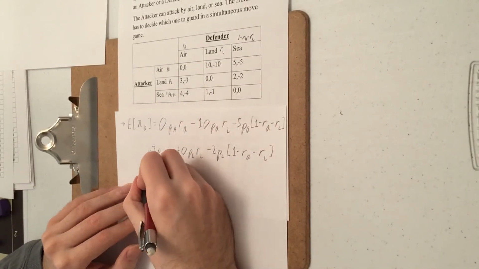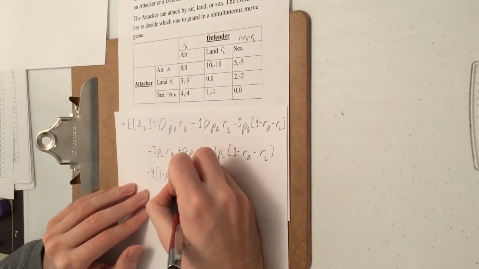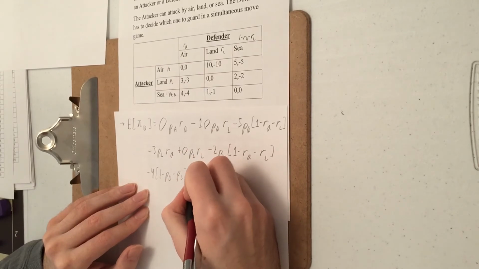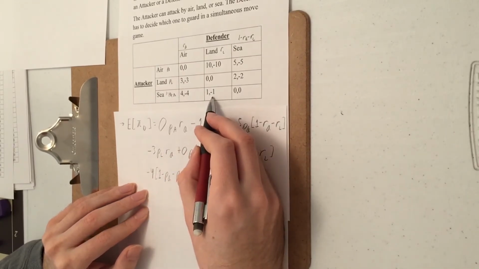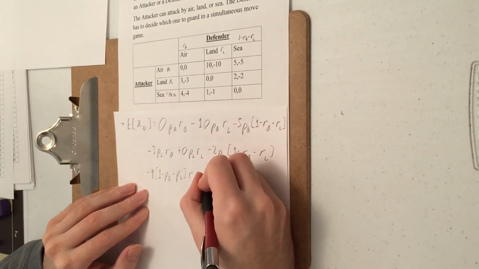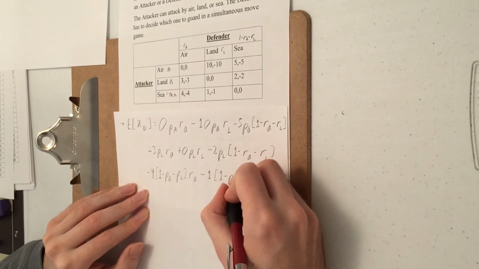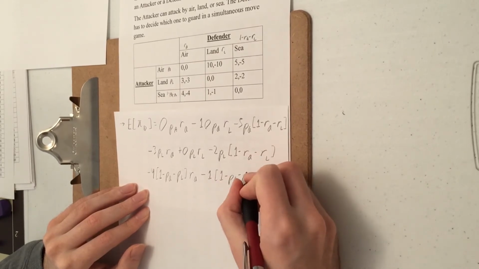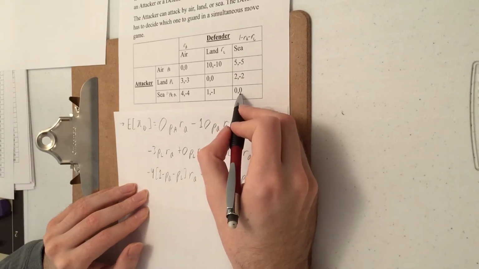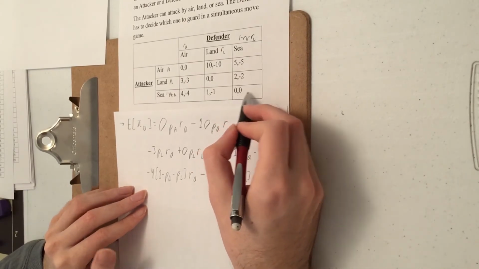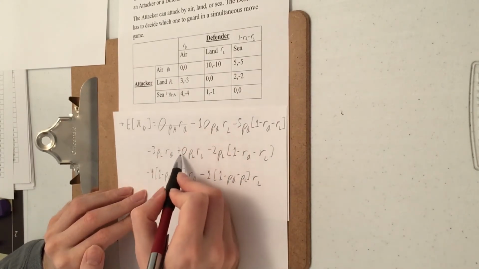Could get minus 4, 1 minus PA minus PL times RA. We could get minus 1, so 1 minus PA minus PL times RL. We could also get 0 over here, but the 0 is going to cancel everything out, so I won't worry about that one. And we can get rid of these guys.